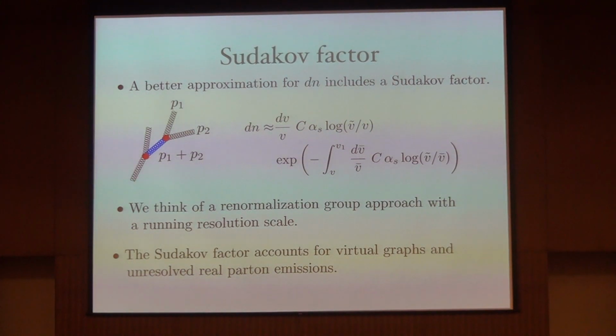And you can interpret that as the probability that this parton had a chance to split with any v, and it didn't split until it got to the v that's listed here. So the probability that it didn't split is this exponential minus the splitting probability. And that accounts for virtual graphs and unresolved real parton emissions.